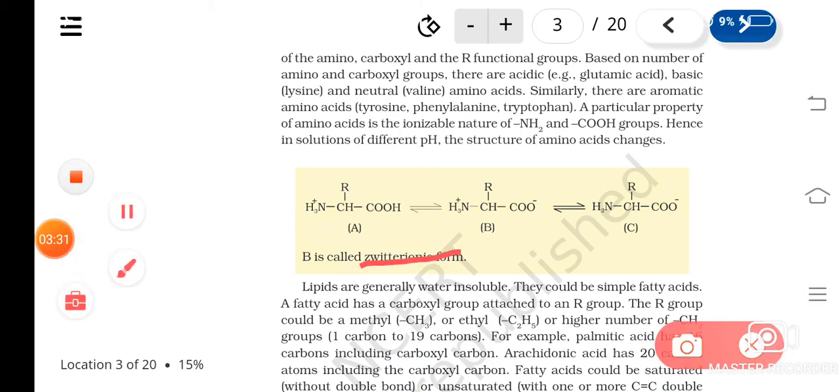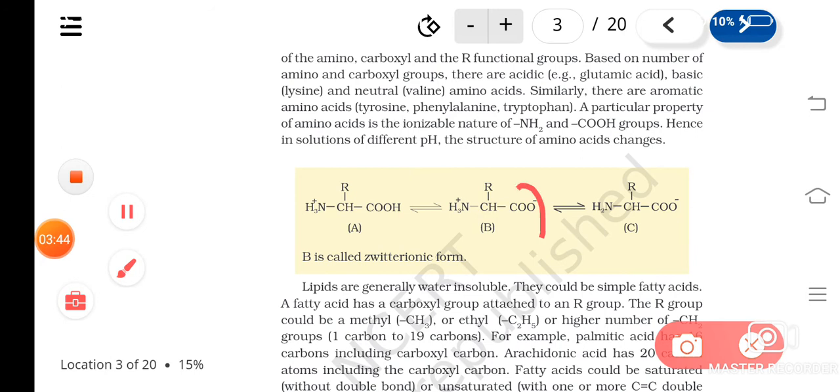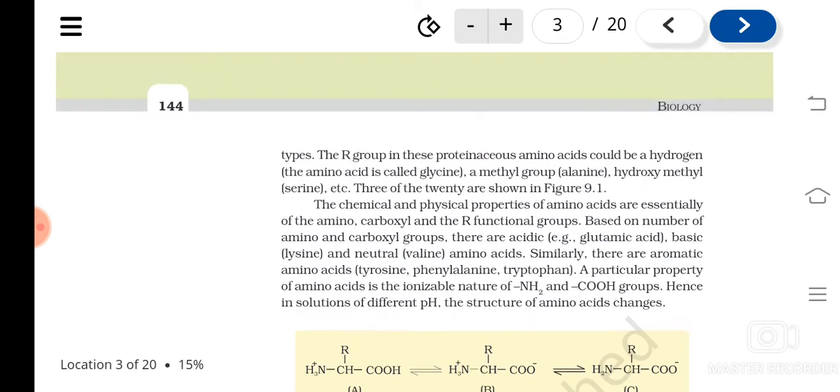So what is a zwitterion? A zwitterion is an amino acid in which both positive and negative charges are there. The H+ ion from the COOH group is shifted to the amino group, so it gets a negative charge, and as H+ is added here, this will have a positive charge. So this is called a zwitterion. About amino acids, you have now understood clearly.